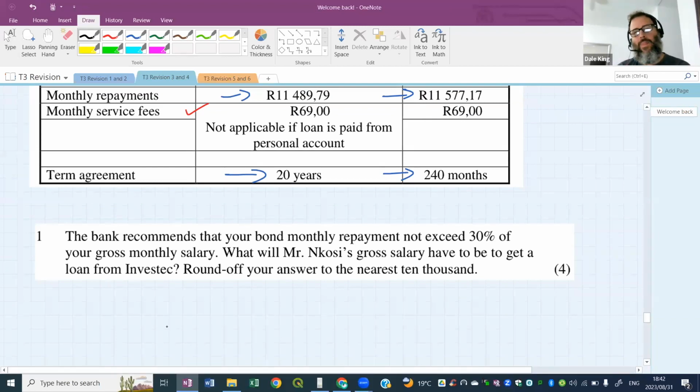I don't know if I'm right, but try. I actually said 30 divided by 100 times 11,489. Okay, you're kind of on the right track. So the percentage calculation that you're doing, which is 30 over 100, and the 11,000 Rand need to be in this.